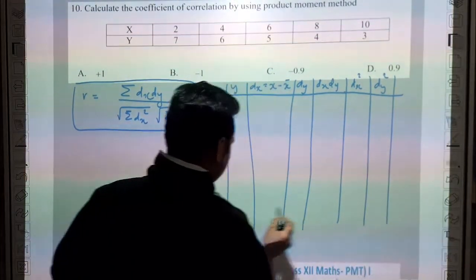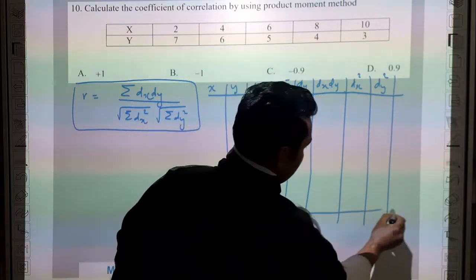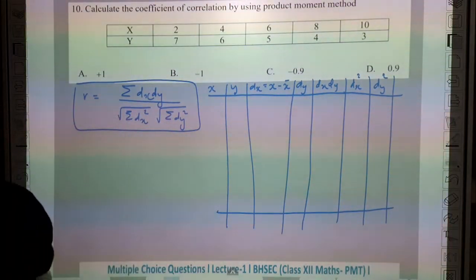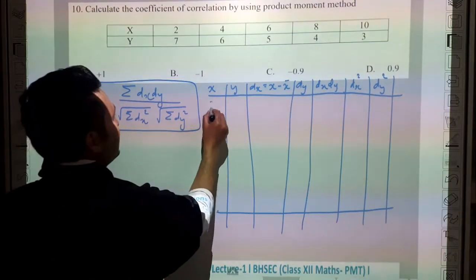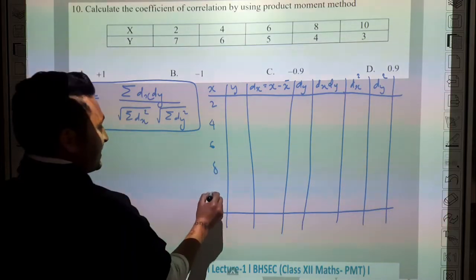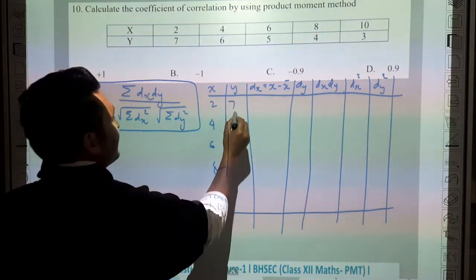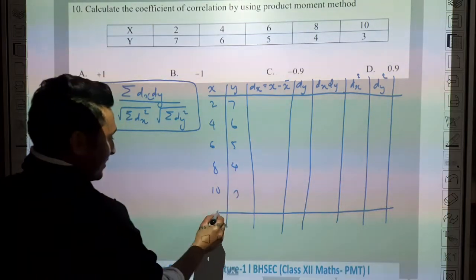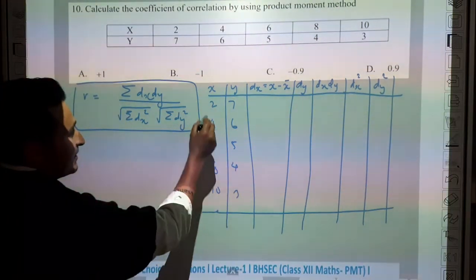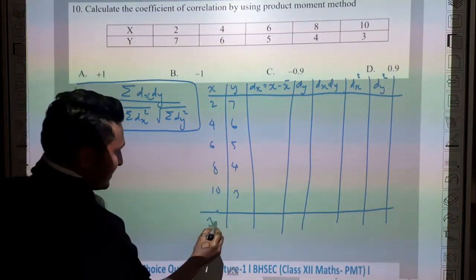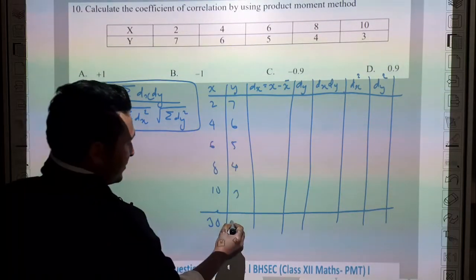So if we find this many things, then we just have to substitute the values in the relation. Okay? So x, just write down 2, 4, 6, 8 and 10. Y is 7, 6, 5, 4, 3. If you add this, it is 10, 20, 30, right? And here it is 25.